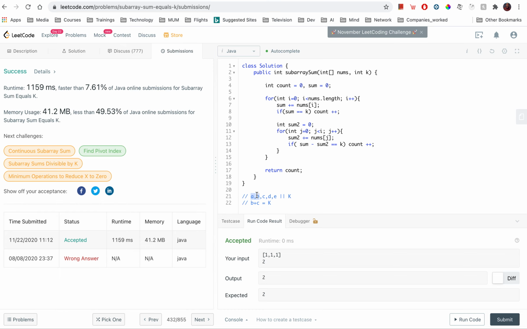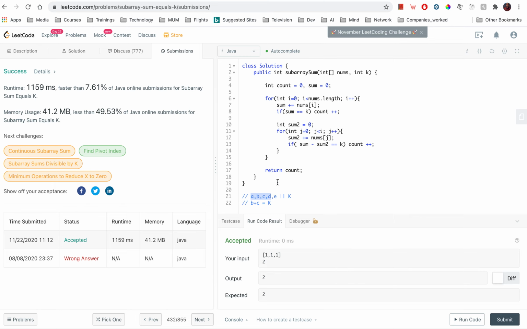And again, let's say we are here at a plus b plus c plus d, and we are also subtracting the sum from left to right, which is a plus b plus c plus d minus a, which is equal to b plus c plus d. If that is equal to k, we're incrementing the counter again here. So we're going on doing this a lot of times, which is n square.